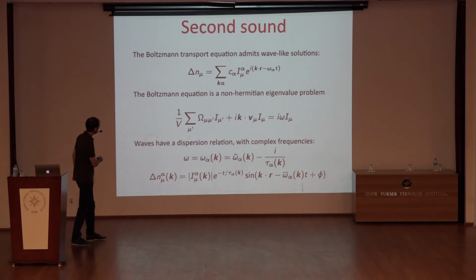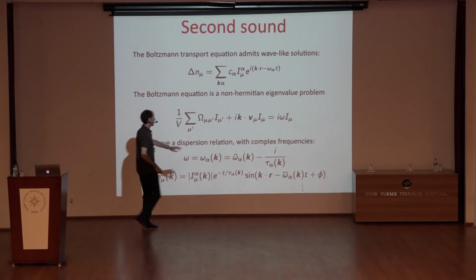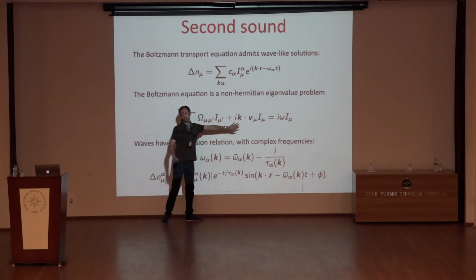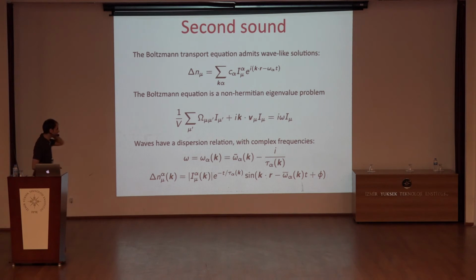And I also want to point out that in the limit of the wave vector going to 0, if you just neglect this part, all of this just reduces to the relaxon problem that I've been talking about before, meaning that you can associate to each mode a frequency of oscillation and a decay time.